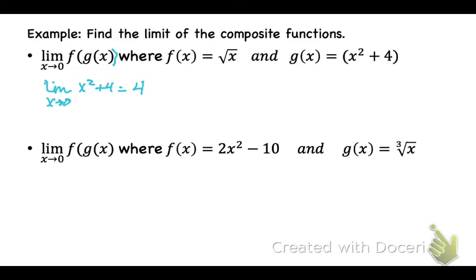All good? So now I plug that into f. f of 4 is the square root of 4, which is 2. So the limit as x approaches 0 of f of g of x equals 2.